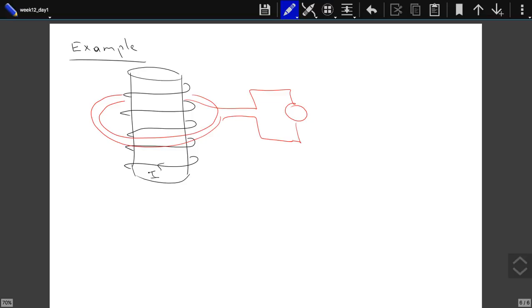Or if you look at it from the top view, what is the direction of the B field inside the solenoid? The B field is downward. And let's assume that B field has this form B0 sine omega t. So we are kind of adjusting the current such that the B will be B0 sine omega t.